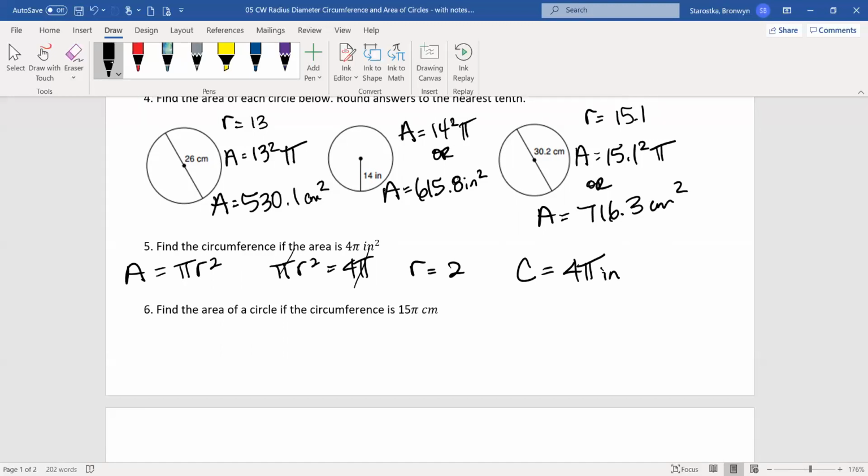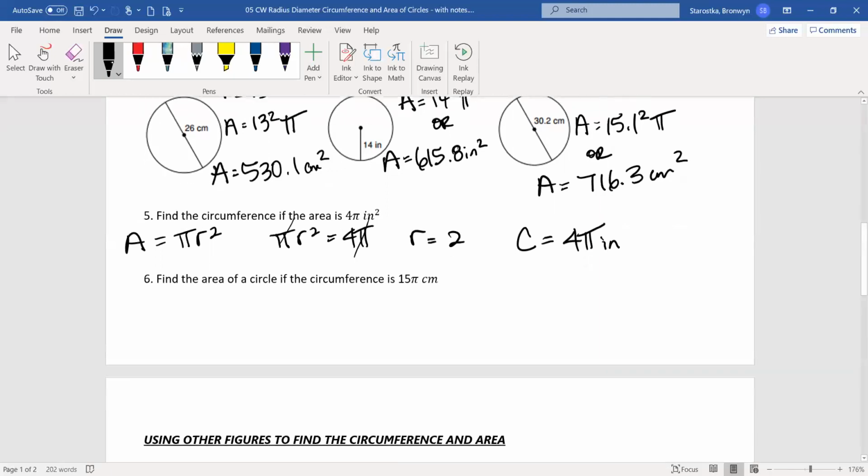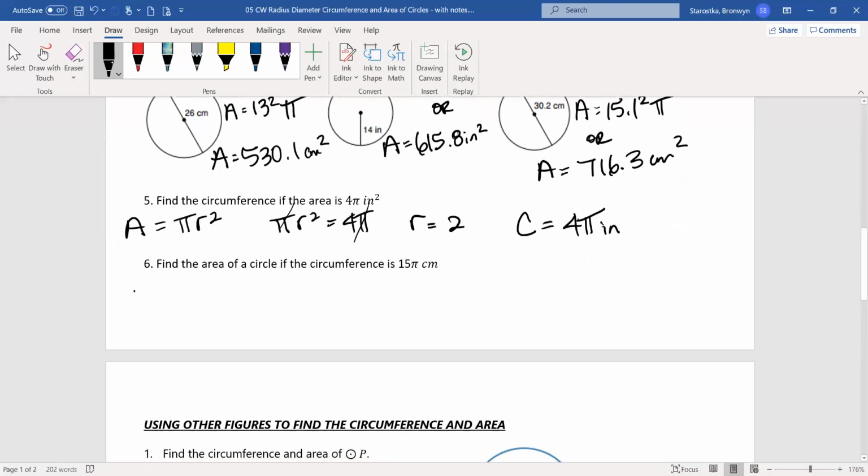Now, if we're given the circumference, can we find the area? So circumference is 2 pi r. We set 2 pi r equal to 15 pi. We know we can cancel out the pi's. We're going to divide by 2.